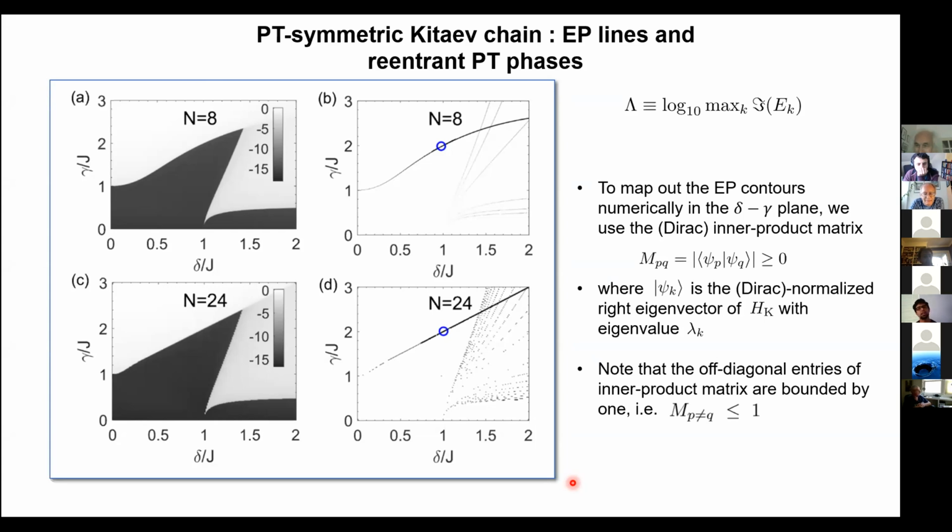Not really. The reentrant phases, you are right, depend on whether you increase the number of parameters, for example the gain and loss. In this case we had two pairs of gain-loss potentials, but of course they are competing with each other in a way, and yes, they can show reentrant phases.